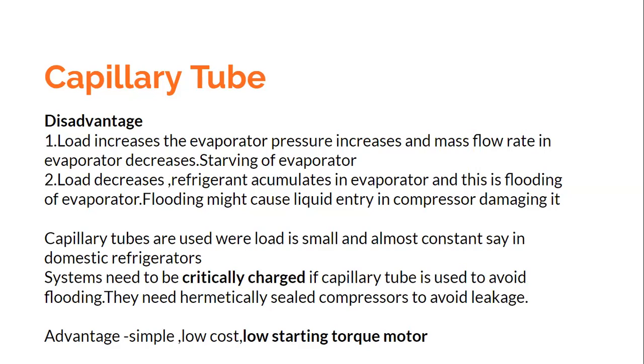When the mass flow rate of the refrigerant changes vis-a-vis what is required by the compressor, accordingly the change in the pressure would happen. So when the evaporator pressure increases with the load, the starving of the evaporator would happen, because if the mass flow rate decreases, then the evaporator would be starved. Starved means there would be less refrigerant in the evaporator.